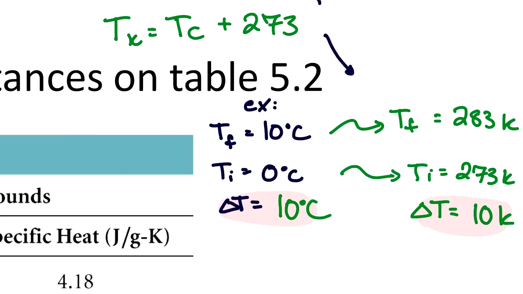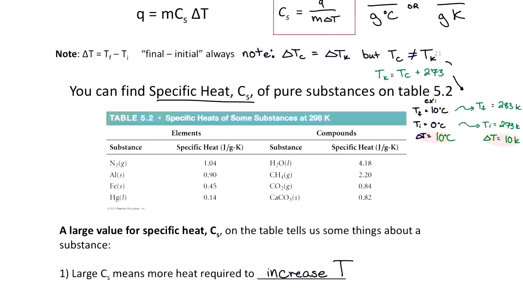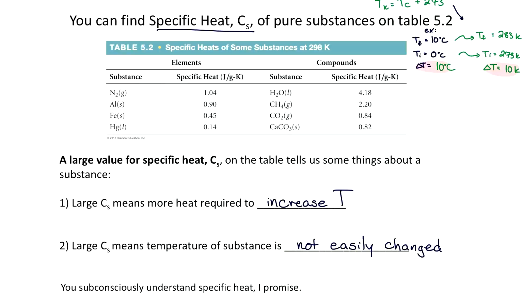In this section, since we're only talking about changes in temperature, we don't have to convert all our Celsiuses to Kelvins. Oftentimes you'll see me write Kelvin a lot, because on a computer I don't like finding where the degree sign is. It's literally out of pure laziness. I'll write Kelvin instead of the Celsius sign. That's a small note. You'll see it as we practice this.